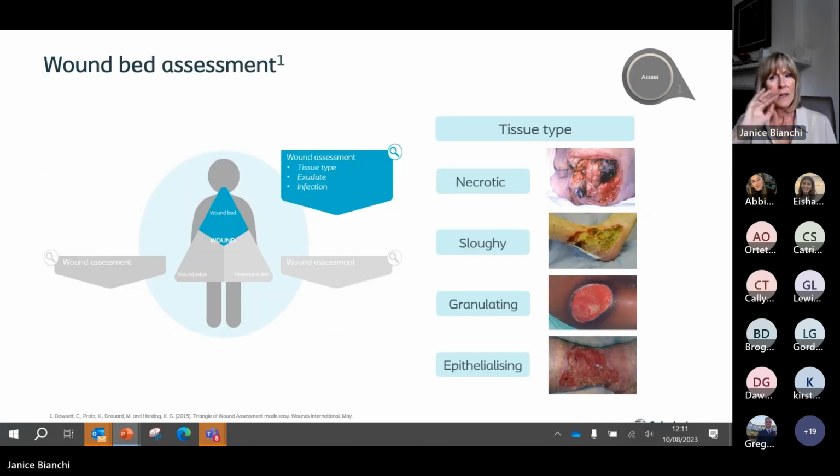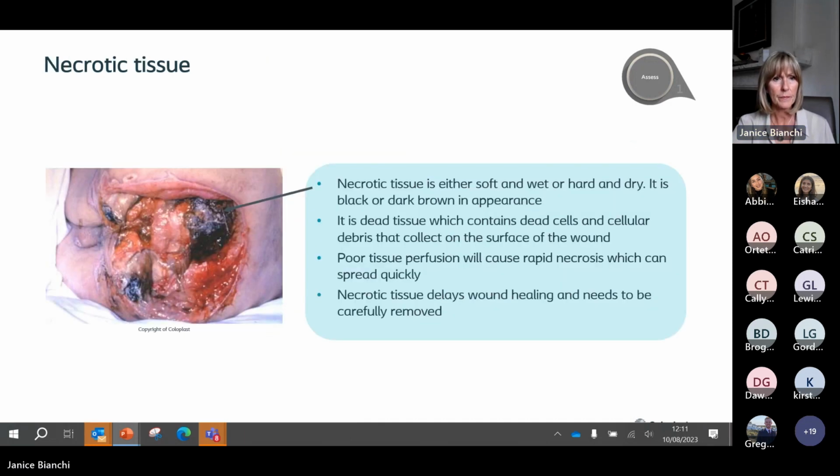Then looking now at the wound itself. These are the different tissue types that you might see in a wound, and we'll look at these individually. So necrotic tissue, first of all. Necrotic tissue can be soft and wet, or it can be hard and dry, and it's usually black or dark brown in appearance. It's dead tissue, and it contains dead cells and cellular debris which collects on the surface of the wound.